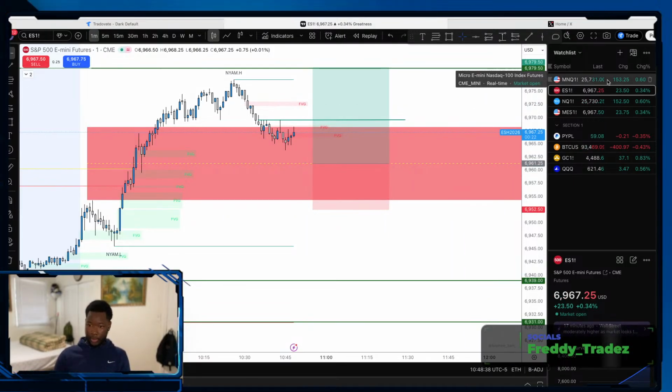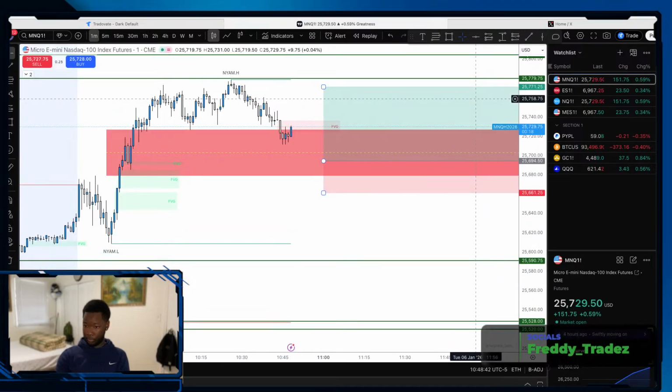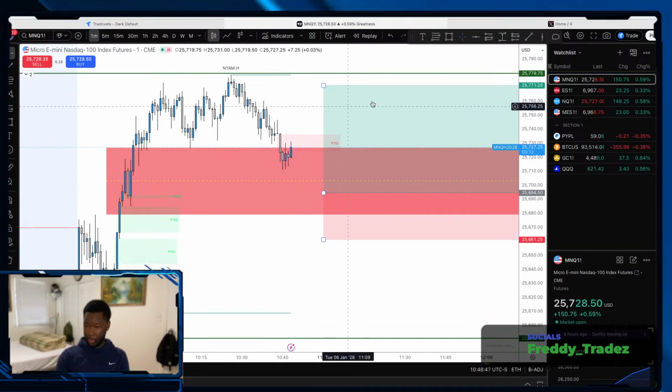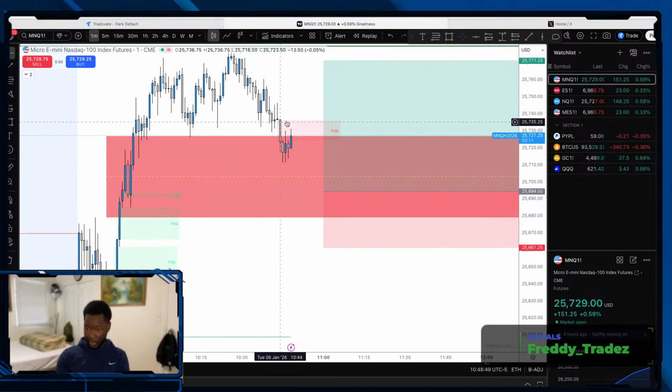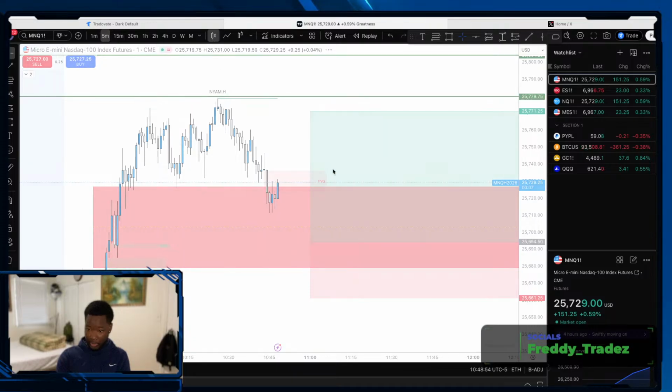So yeah, this will be the trade. I like the reaction that we're getting out of this 15-minute gap. It's just that the break even is going to be pretty close if we take this 1 minute inversion.